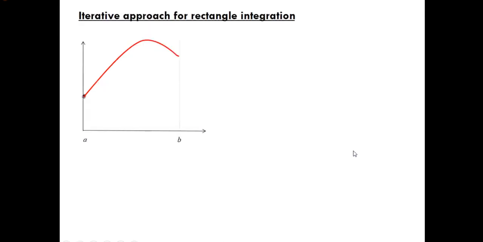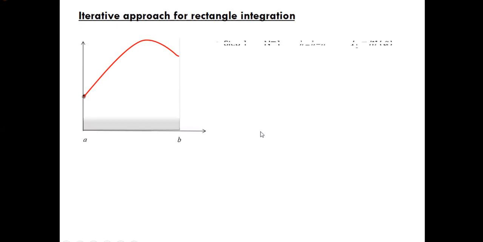So in this context, we can develop an iterative approach for the rectangle integration, increasing the number of points till we get the integral up to a given precision.